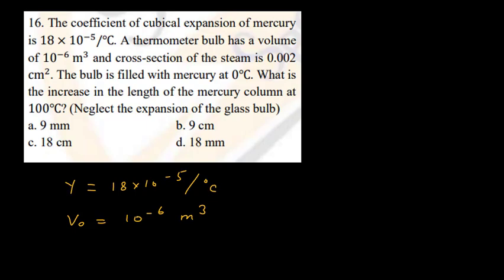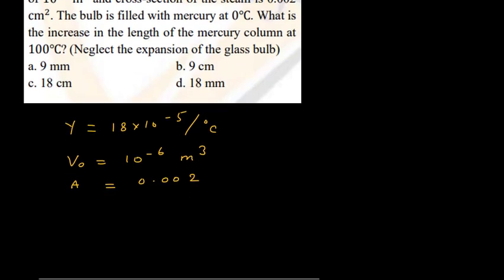And the cross section of the stem, I think we are talking about a thermometer pipe, so we take cross section area A equal to 0.002. The bulb is filled with mercury at 0 degrees Celsius. What is the increase in length of the mercury column at 100 degrees Celsius? So the change in temperature is 100 degrees Celsius, right?